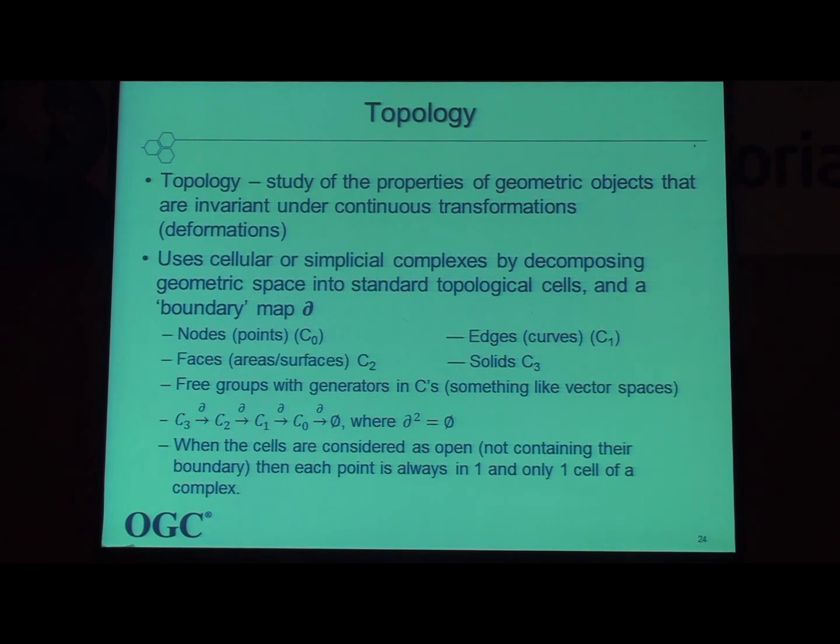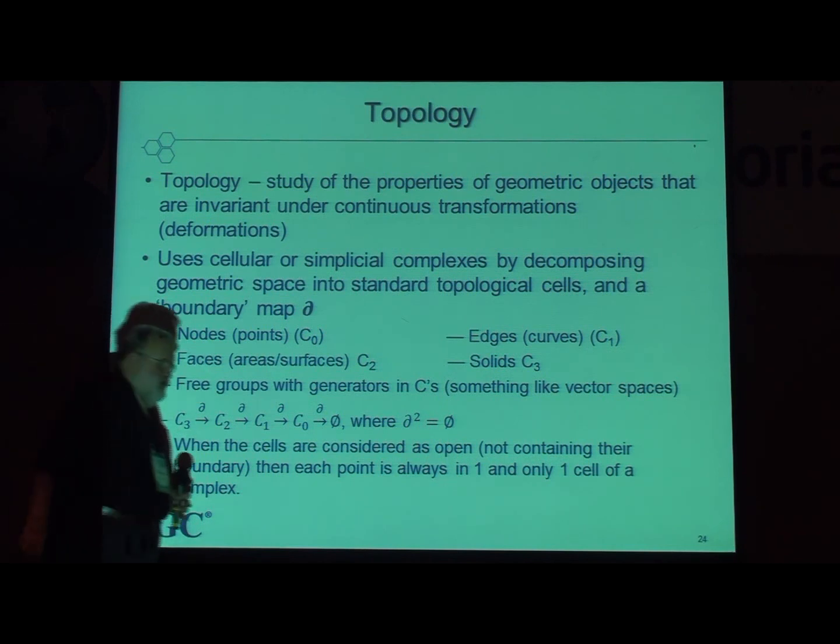There's a circle that goes around the vertical perimeter, and there's a circle that goes around the other way, and it turns out those are the only two. Everything else is related to one another simply by a continuous transformation. So what's going on here is that these cells are considered as open, not including the boundary, and each one is always in only one cell of the complex. This is setting up what's going to happen next.